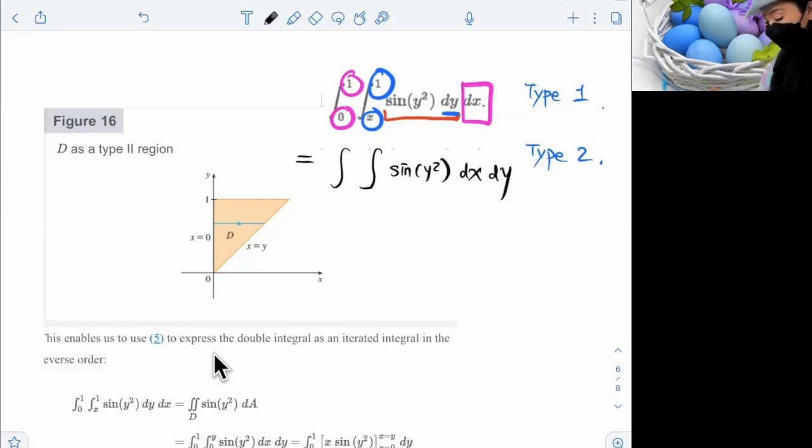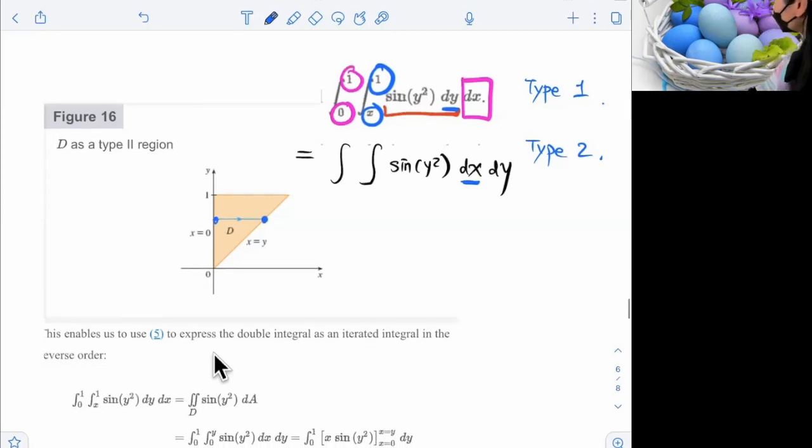Let's think about what happens to dx. As you can see, it goes from here to here. So x goes from what to what? 0 to y, right? And then y goes from 0 to 1. And these two integrals are equal because it's the same region.